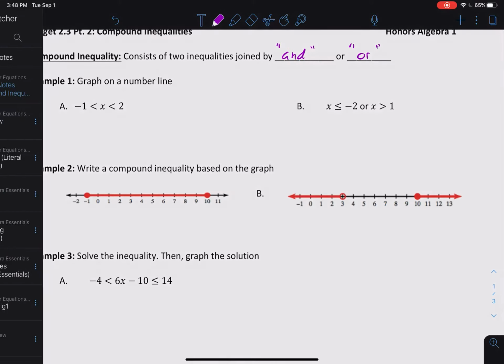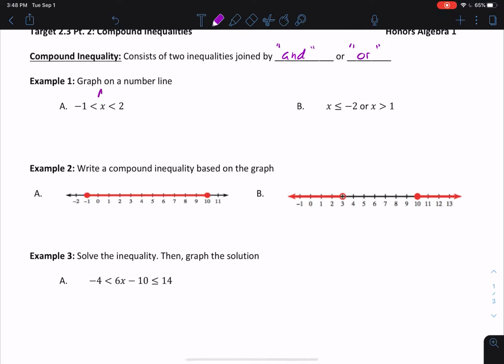So this is going to be an and. Because I can write this as -1 is less than x and x is less than 2. So if I were to graph this at -1 and 2, those are my restrictions. Those are my barriers.